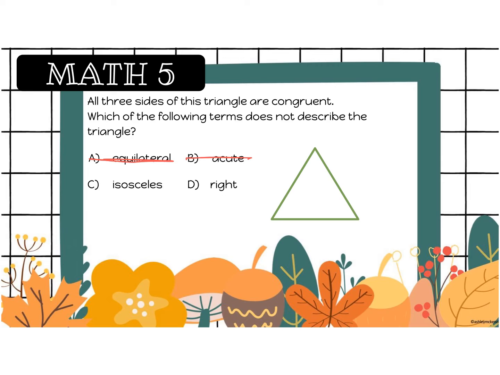It says that it has to be at least 2. Yes, good. In your book, it tells you at least 2 equal sides. Does this triangle have at least 2 sides that are the same? Yes. Does it have one right angle? No. So this is the only one that it would not be classified under.